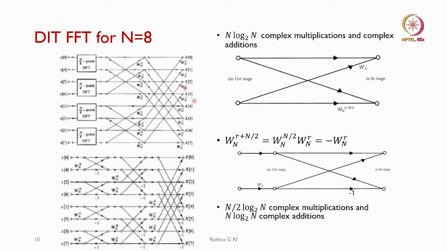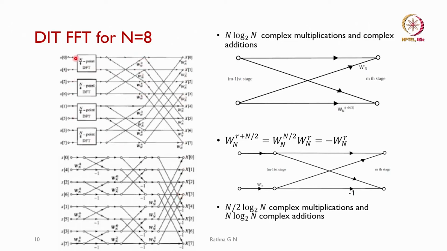So, coming to n equal to 8, now we will split the thing. What we have is this n by 4 point DFT on the left hand side, and then we will be combining our weights in this case, and then this is the final output.